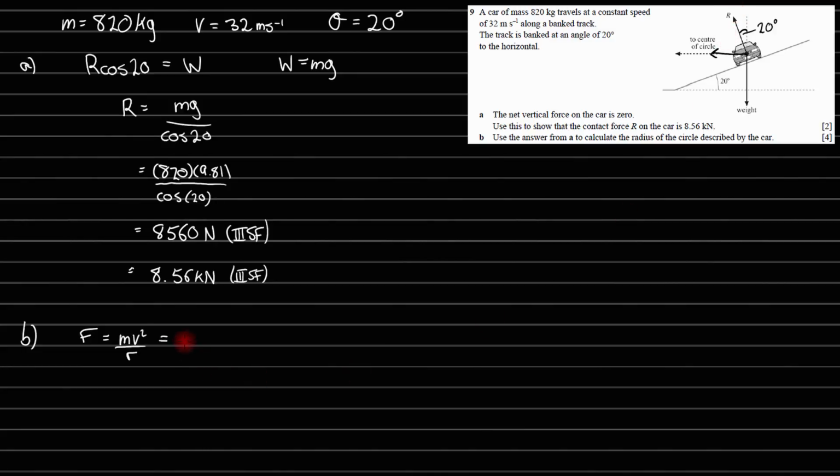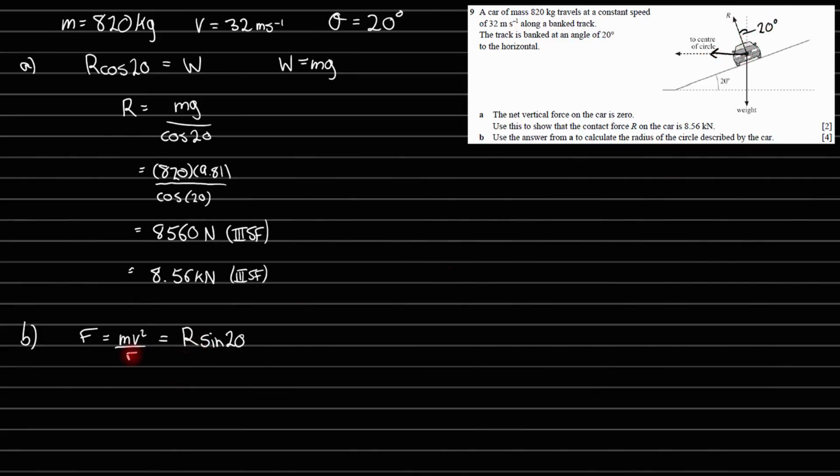Well, that component would be big R, the contact force, times the sine of 20. Sine because this component here excludes the angle 20. This is the same as R times the cosine of 70 degrees. It's the same thing. I just like to work with the same angle though.